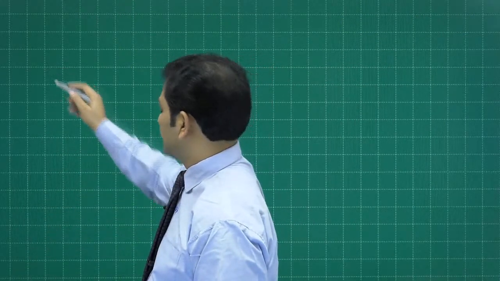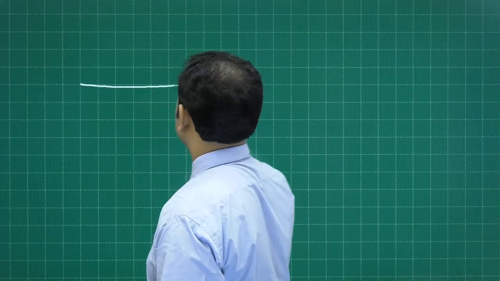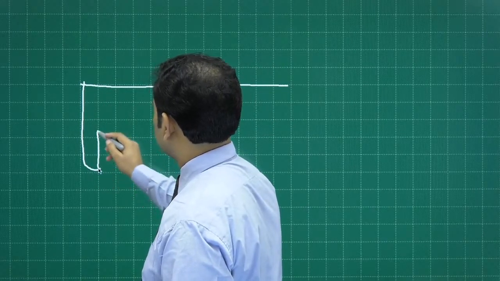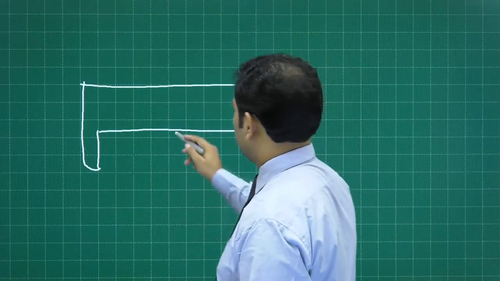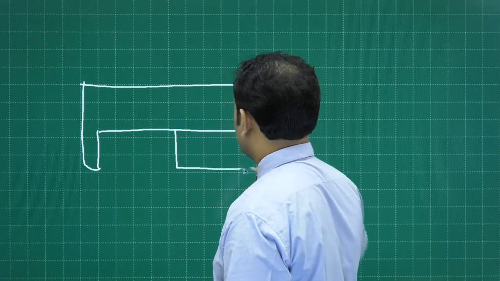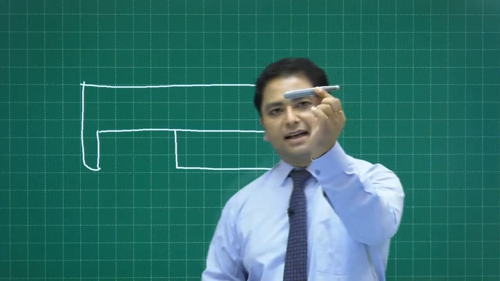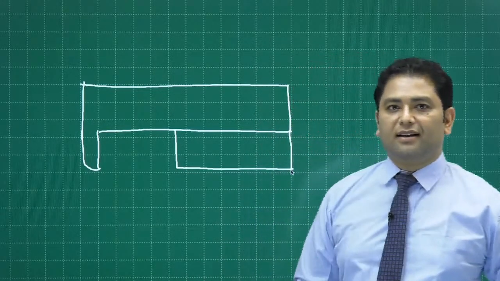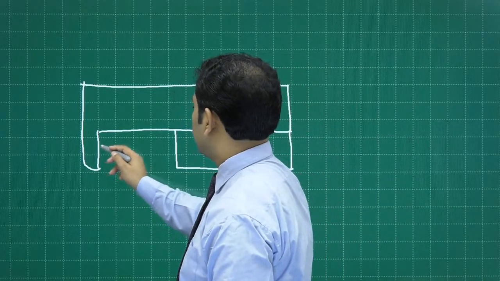Now let's try to see the measurement part, how the measurement is done. So here, let me draw. The measurement part is also very simple. Suppose I wanted to measure the length of this object with a high degree of precision. Where is that object kept?